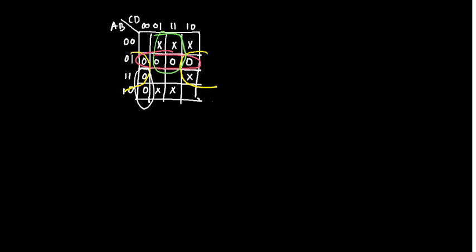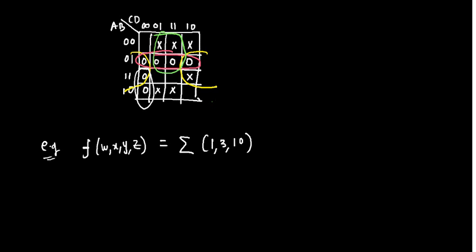Let's go for 5 variable K-map. I'll give you some more homework. Try to solve this example F(w, x, y, z). Always remember that all the ones or zeros must be covered and the expression must have as minimum cost as possible. That's it. Take this as homework.